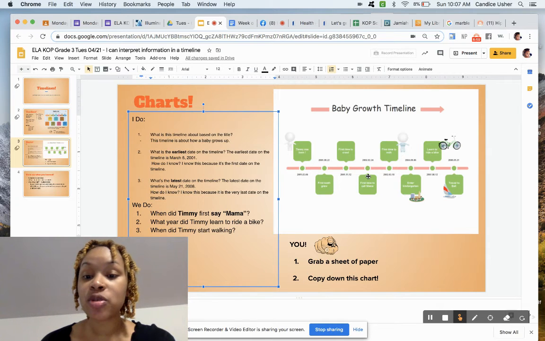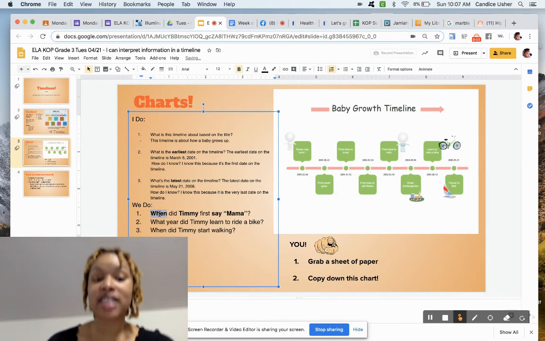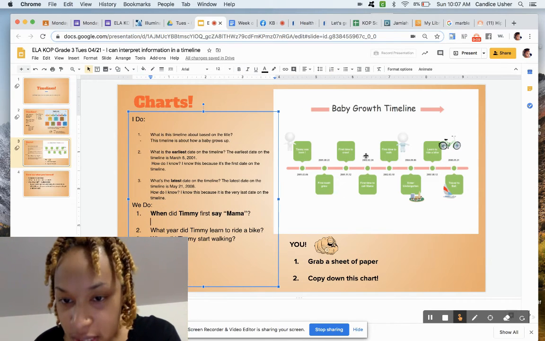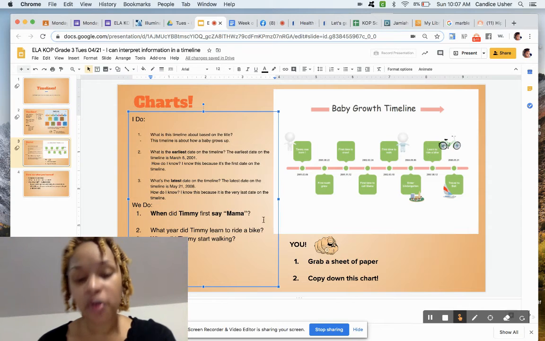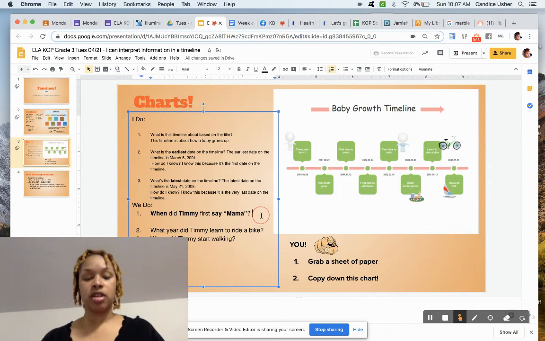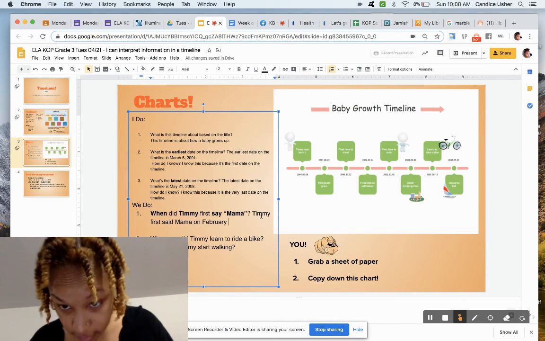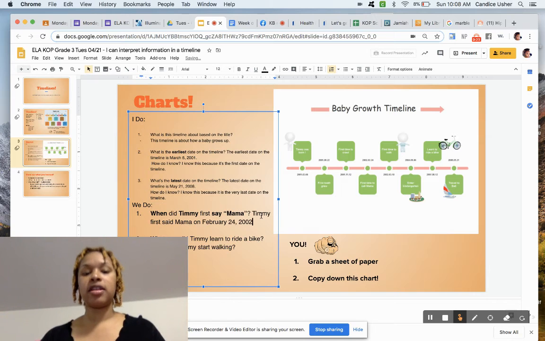So now I have to look at the date because my question says when. So that means I have to give a date or a time. So I'm going to look for the date and it says February 24th, 2002. So we're going to say Timmy first said mama on February 24th, 2002.